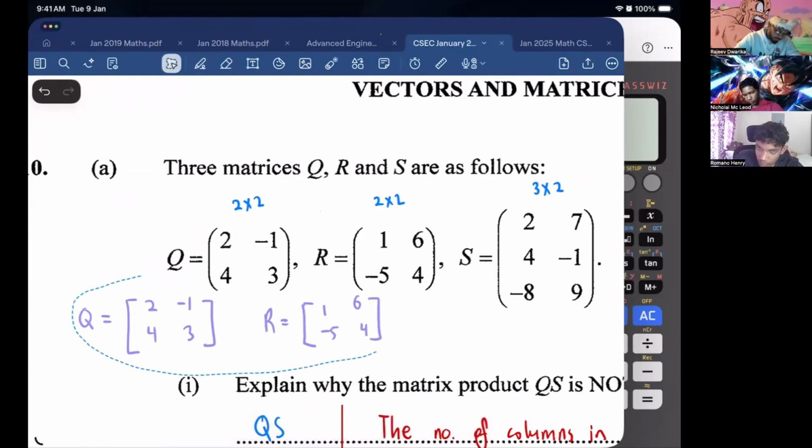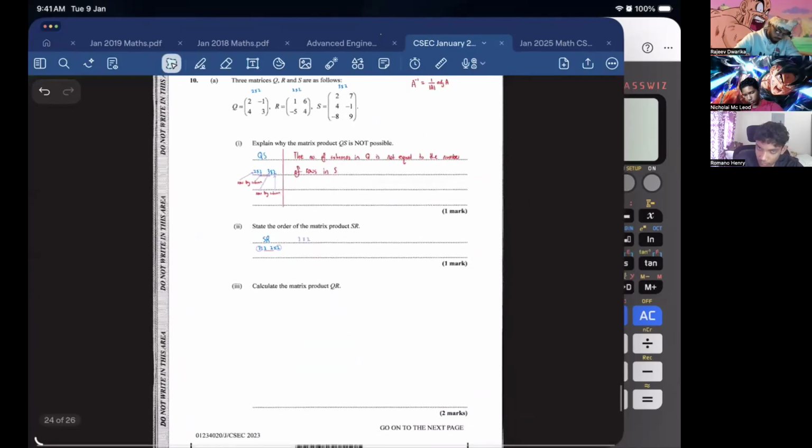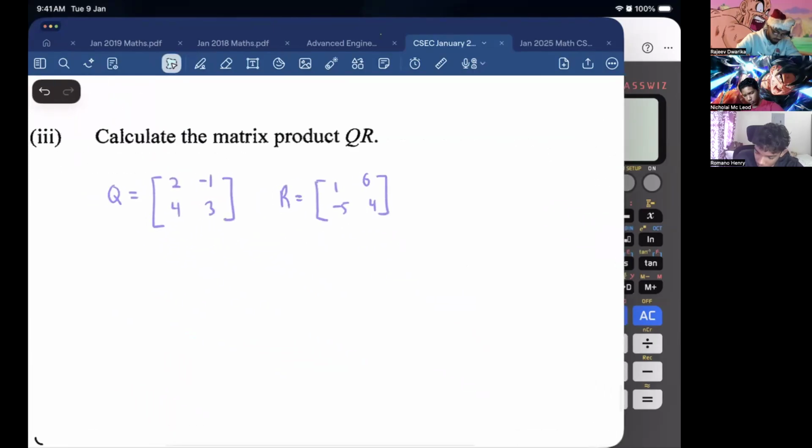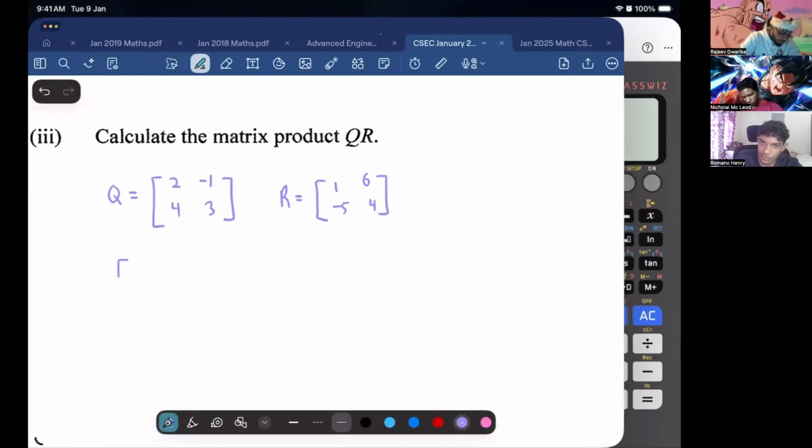Nicholas, it's compatible, right? Because that's a 2 by 2 times a 2 by 2. And the final answer should be a 2 by 2.